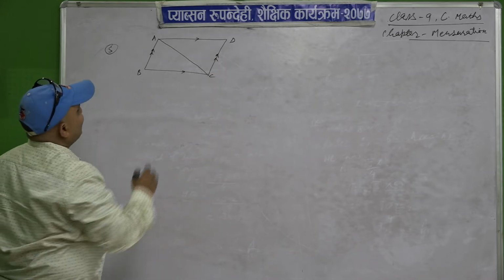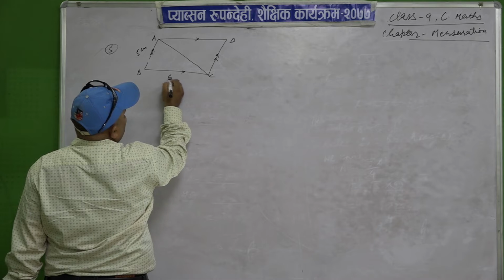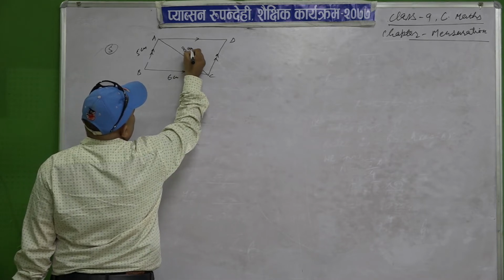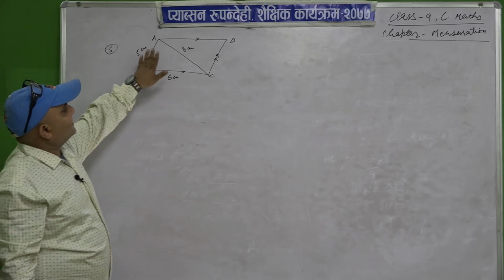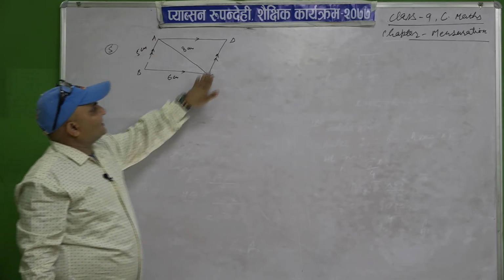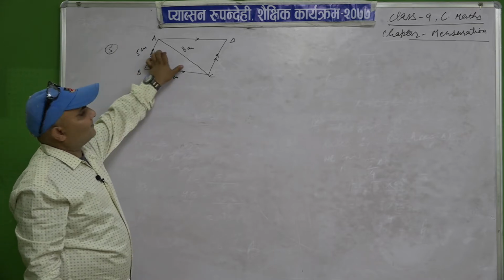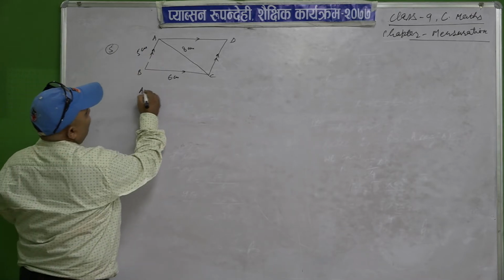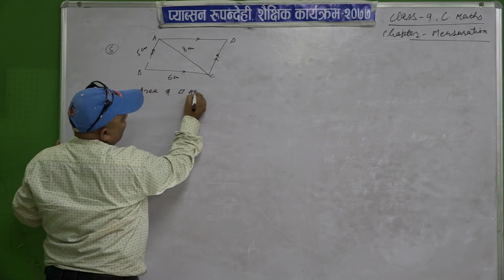This is 5 centimeter, this is 6 centimeter, this is 8 centimeter. This is a parallelogram ABCD, and the values of these three sides are given. Now we have to find out the area of parallelogram ABCD.